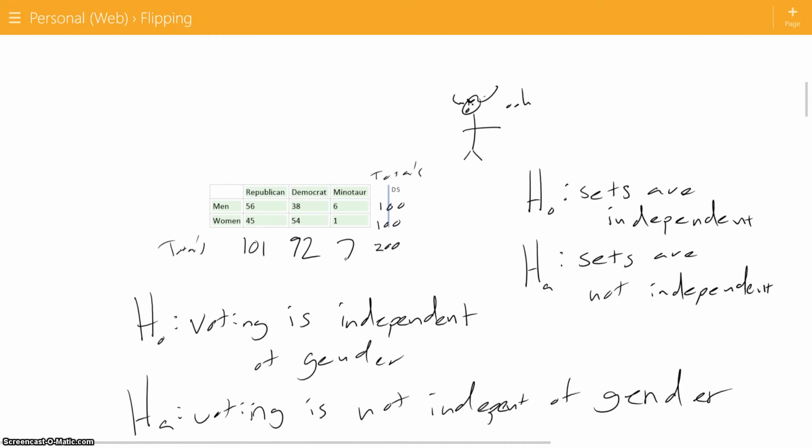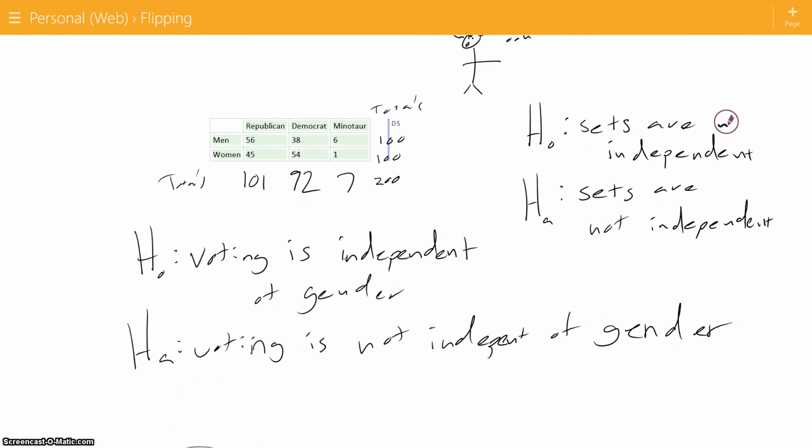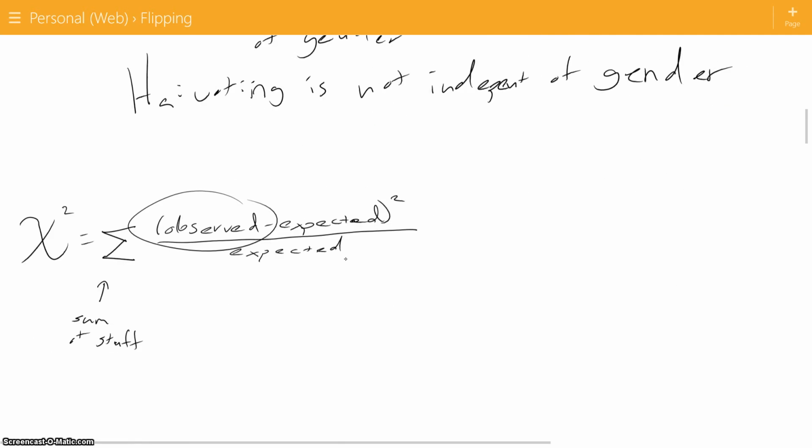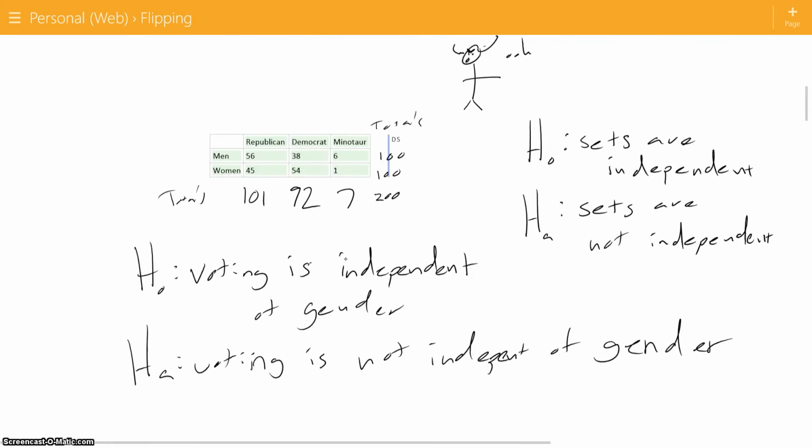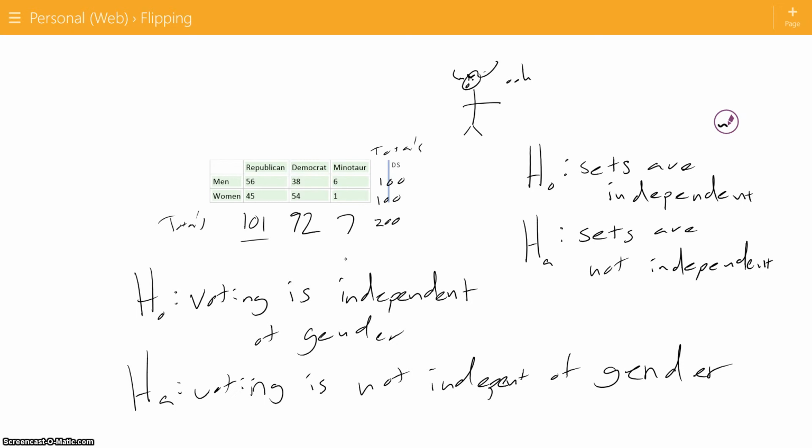So how do we figure that out? Well, we're going to take our totals down here. Let's take a look at my expected number of men who would vote Republican. I'll give them a big R. I see that I've got 101 people that voted for Republican, and I've got 100 men that totally voted.